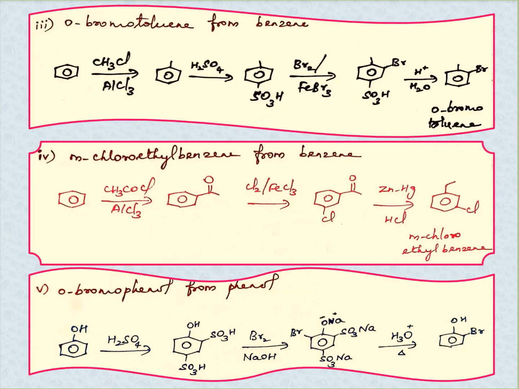And we have to synthesize ortho-bromotoluene from benzene. Benzene is alkylated to give toluene. It reacts with concentrated sulfuric acid. SO3H is introduced at the para position of CH3, followed by bromination.